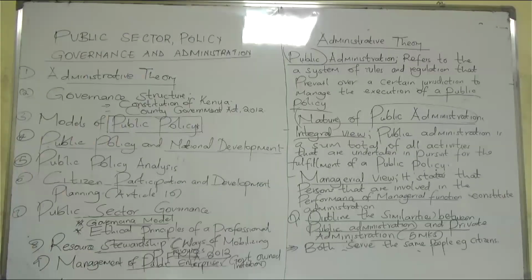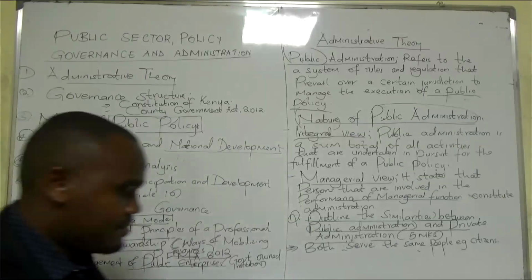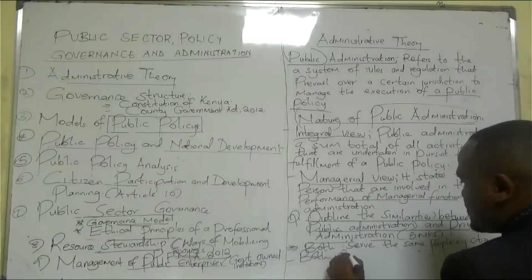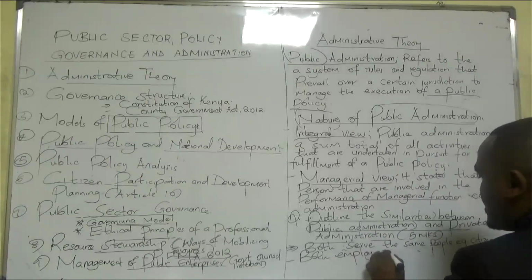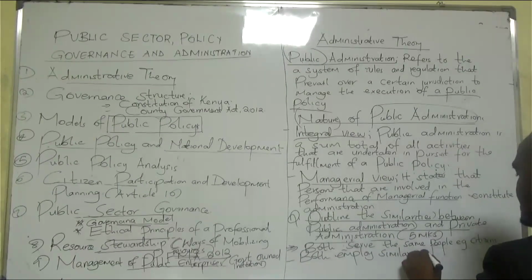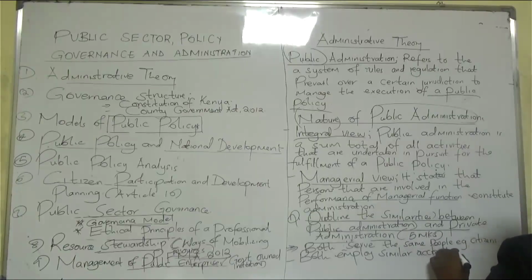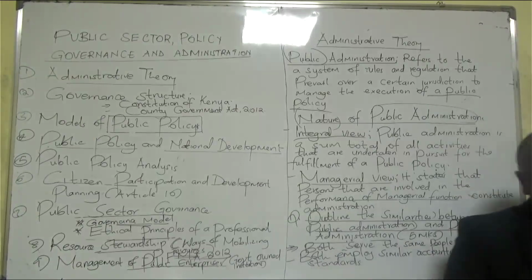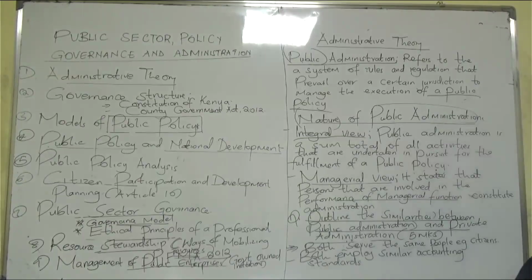The other one, they employ similar accounting standards. They both employ similar accounting standards. How? If today we are paying our employees, we will ensure there is payment of payee, there is payment of this and that.